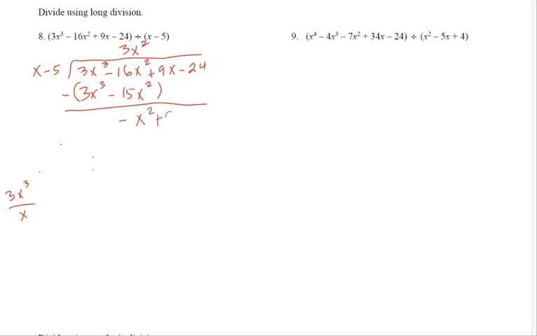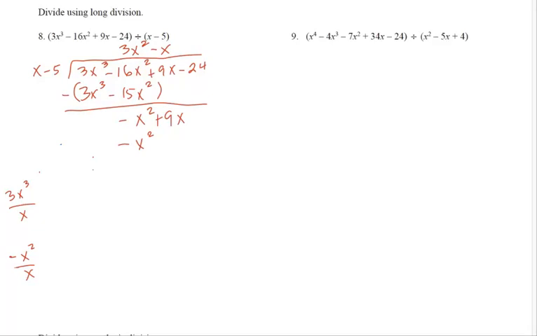Now bring down the next term. But your actual division is just going to be this first term x into this first term negative x squared. So if you have to kind of separate that out, just off to the side somewhere, take a look at that. Negative x squared over x would be negative x. And now multiply the negative x times both of these.